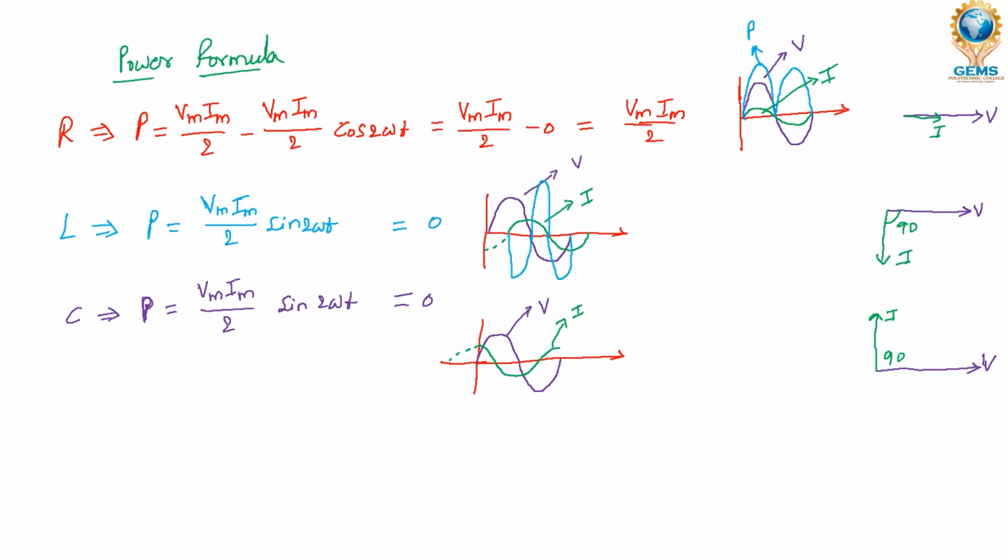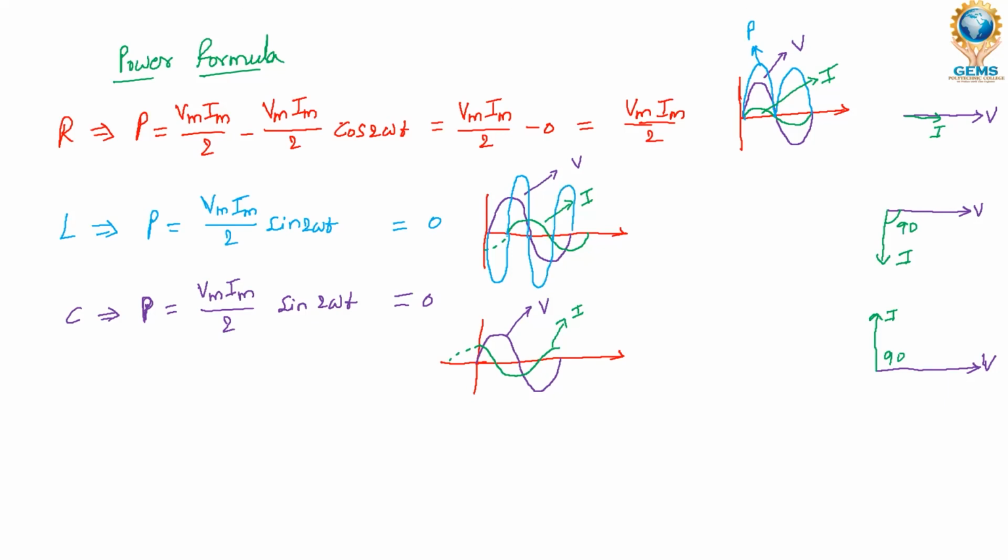At the start, the power will result in the negative direction. Because this is negative and this is positive, and these two are positive, it will go positive, and these two are negative, it will go negative.